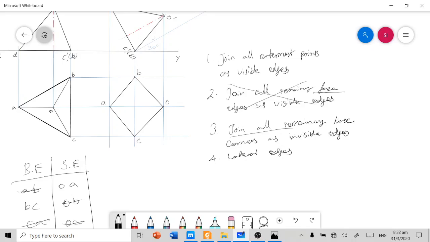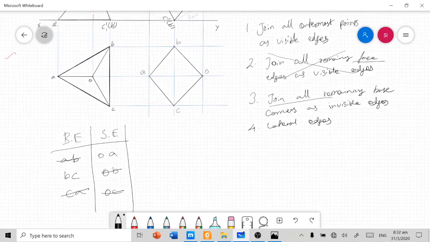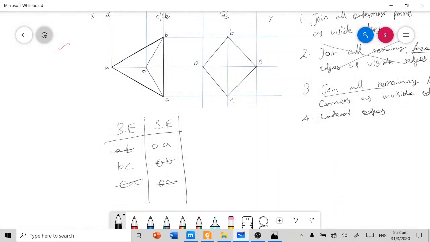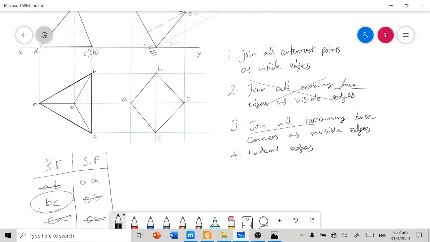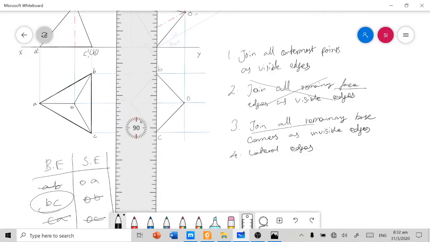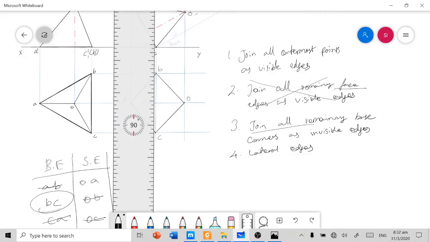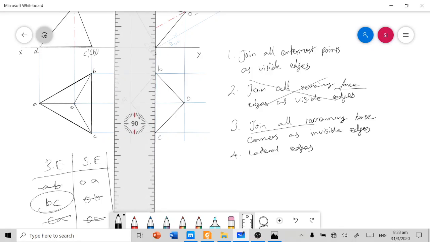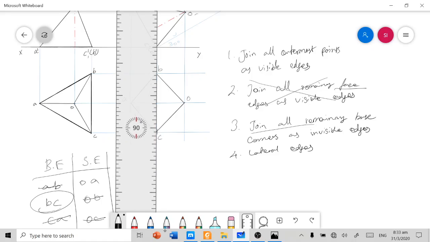The one and only remaining base edge is BC. This should be invisible as per rule number 3. So connect BC as an invisible edge, with the correct line format, that is dashed line.